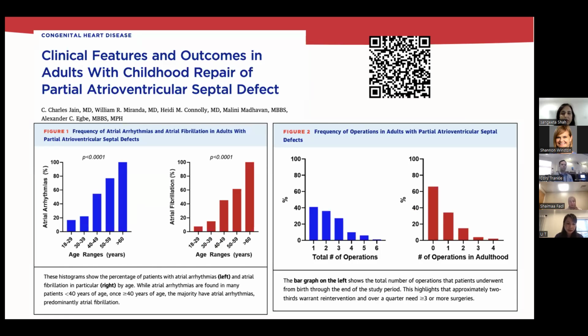And of course, the older the patient, the greater the incidence of both atrial arrhythmias in general and AFib in particular. Unfortunately, a lot of these patients do go on to require reoperation. These reoperations are going to involve some sort of left ventricular outflow tract obstruction or AV valve regurgitation or stenosis.